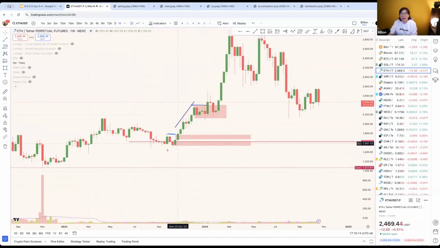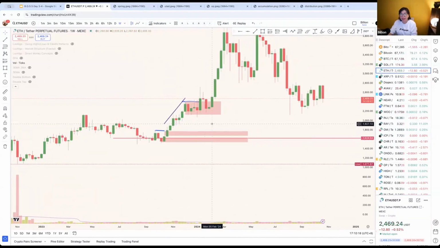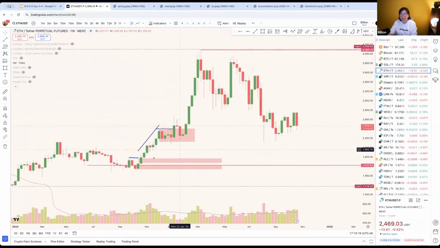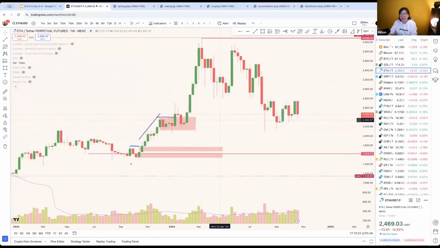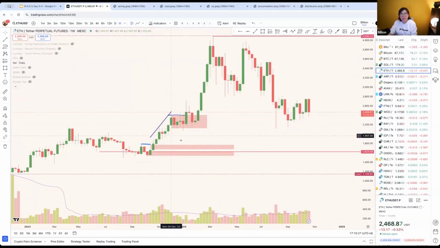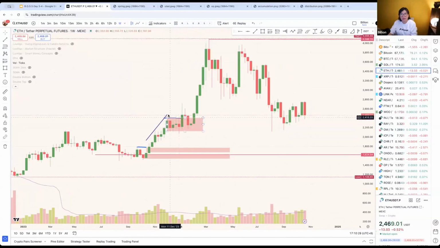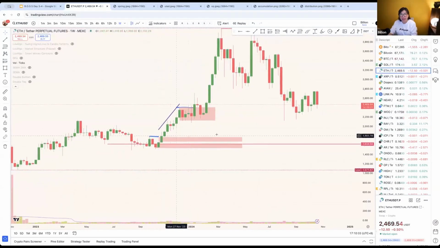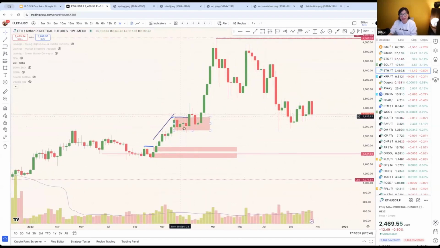Okay? So when there is a move, like now we are looking at the bigger time frame, when there is an impulse move, there must be a retracement. When there is a retracement, there must be an FVG. It must have this pullback.